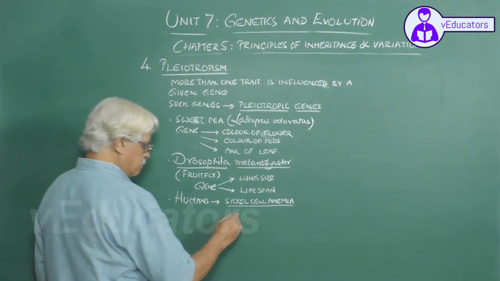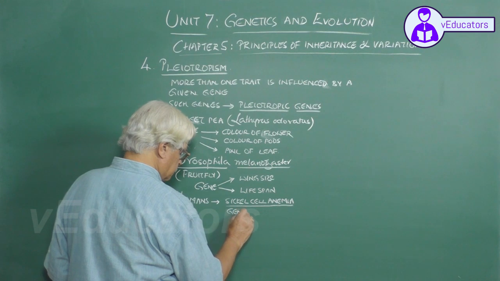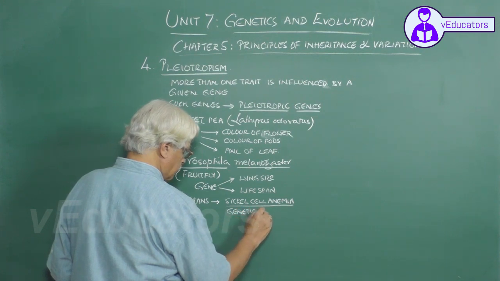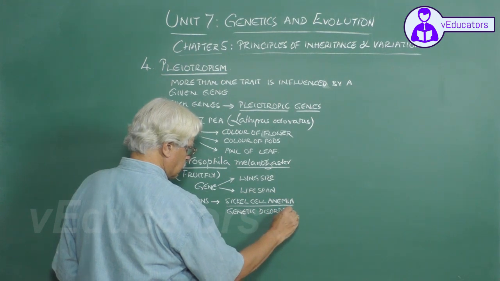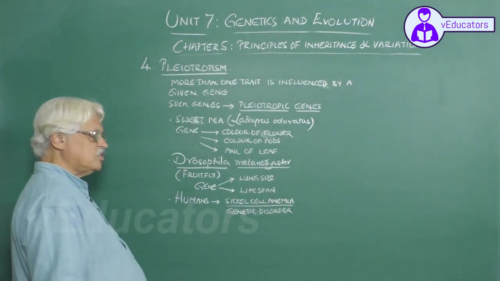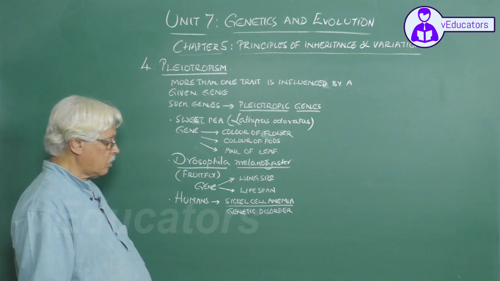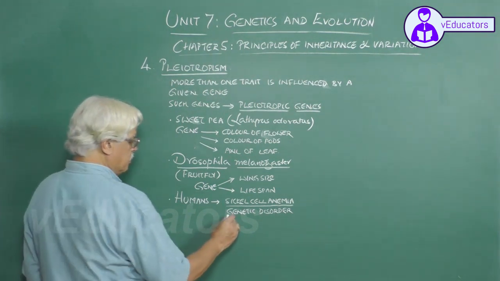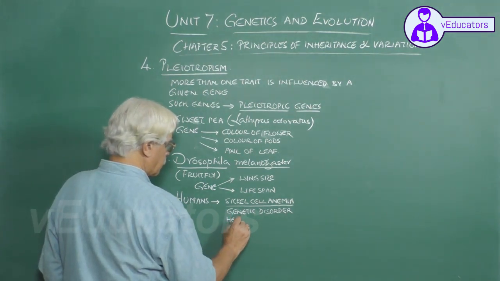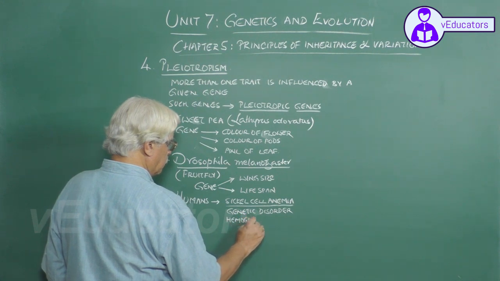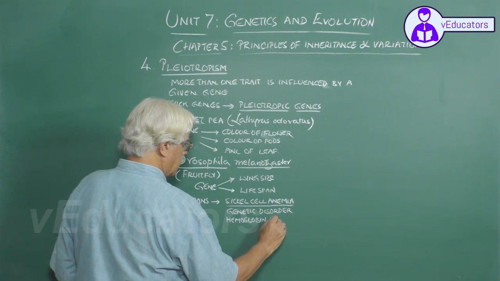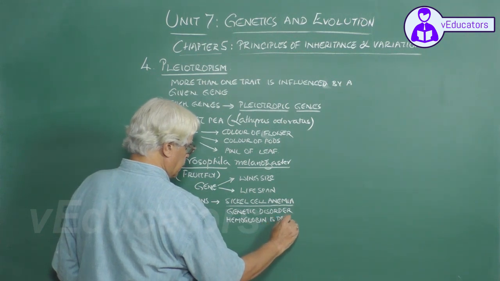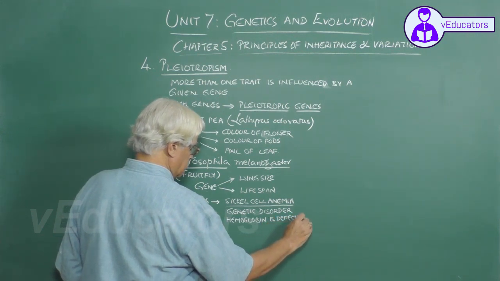Sickle cell anemia is a genetic disorder. In this genetic disorder, hemoglobin will be defective. You know that hemoglobin is a pigment that carries oxygen.